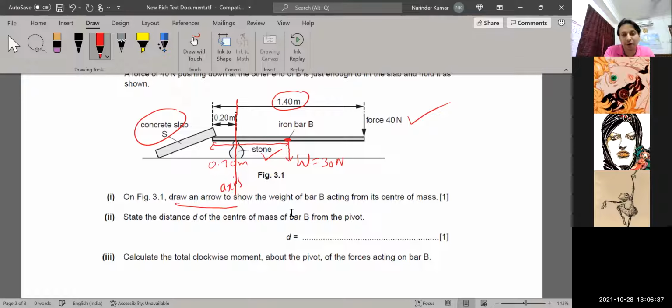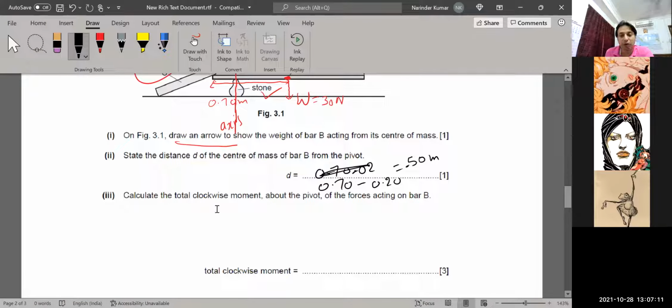So this distance we are looking for: 0.70 minus 0.20 equals 0.50 meter, the position of center of mass from the pivot point.